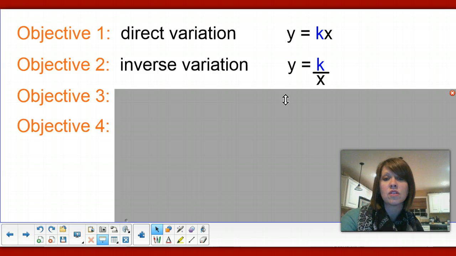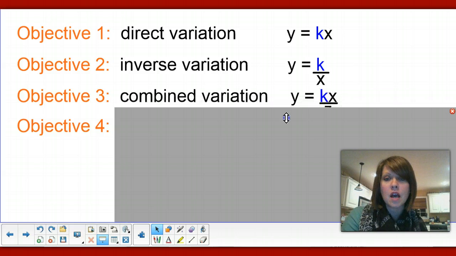Again, k is still some constant number. This number will remain the same within a problem, but it will change from situation to situation. I'll show you an example on the next slide.